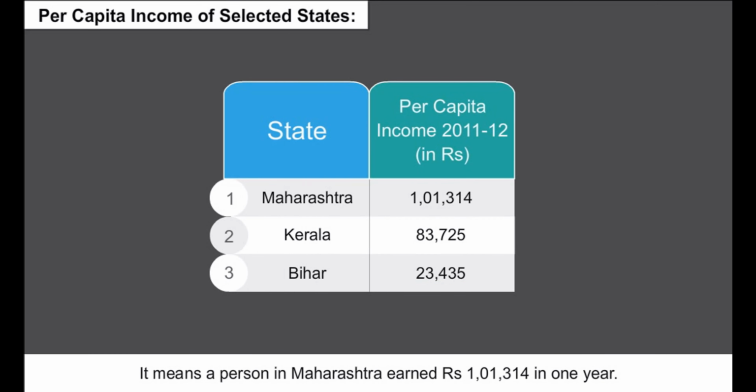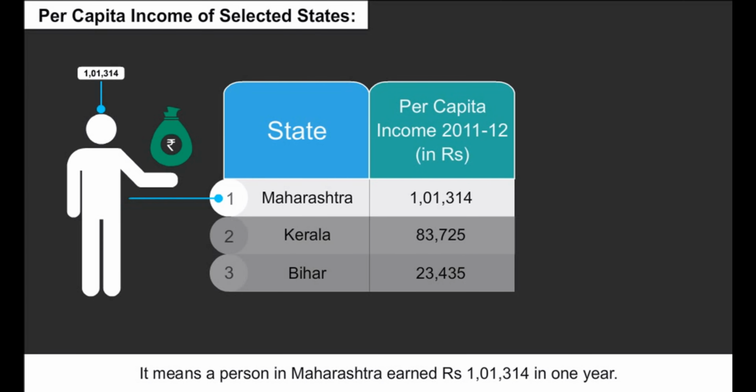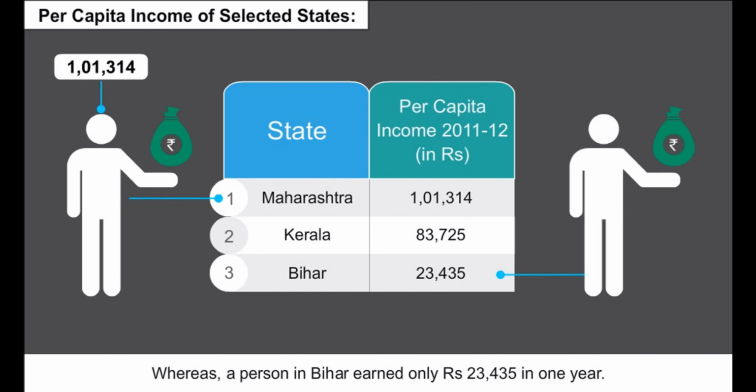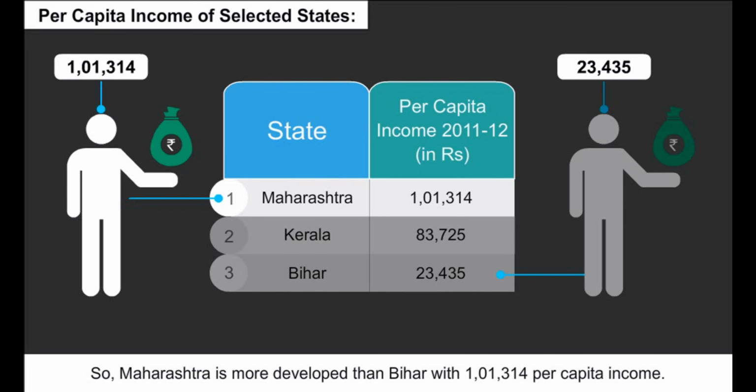It means a person in Maharashtra earned 1,01,314 in 1 year, whereas a person in Bihar earned only 23,435 rupees in 1 year. So Maharashtra is more developed than Bihar with 1,01,314 per capita income.